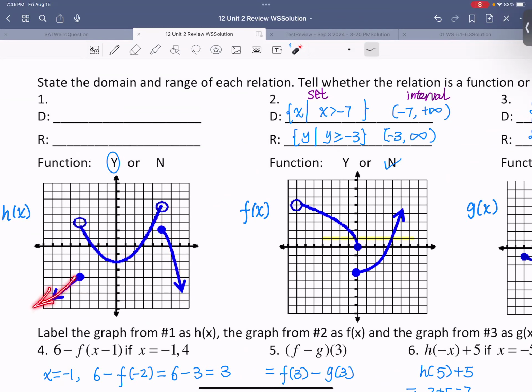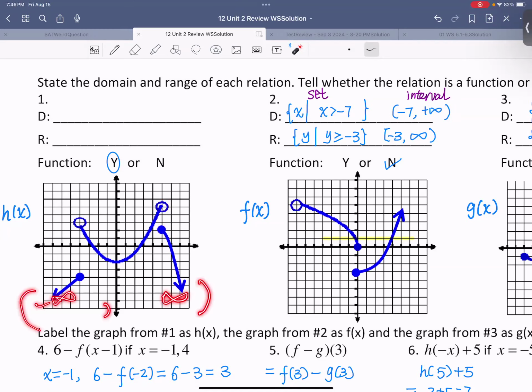This can go to negative infinity for the left part, and this can go to positive infinity for the right part. This point is open and this is closed, so it is connected with this. Then this is open and this is closed, so your domain will be from negative infinity to positive infinity.